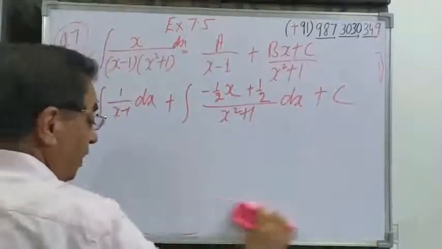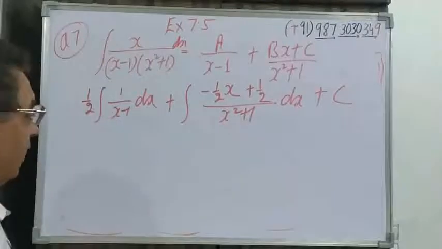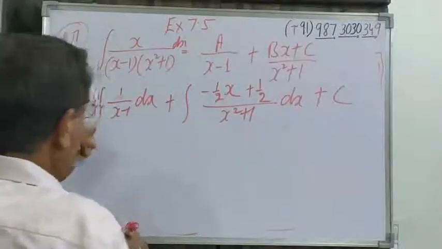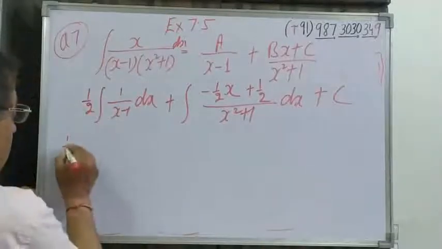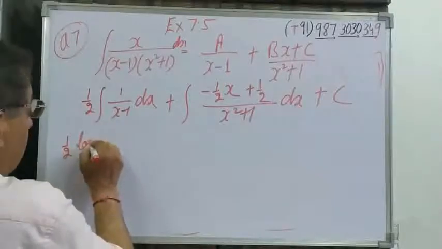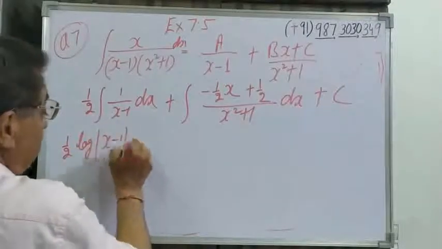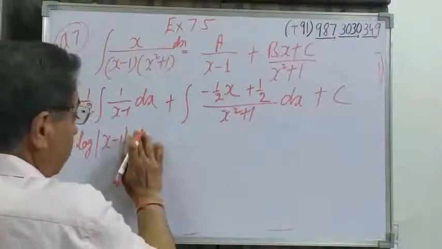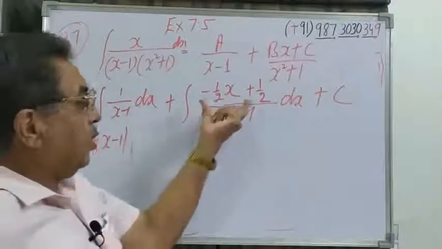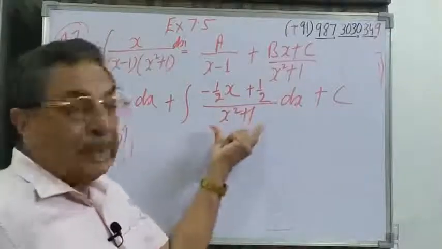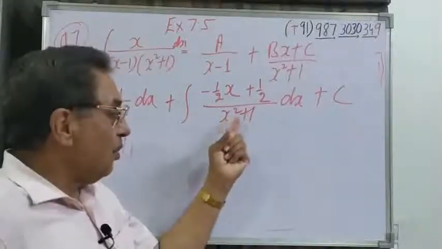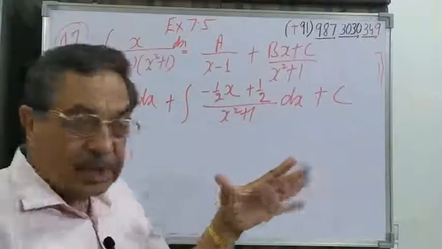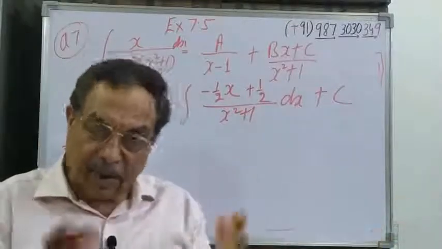After knowing this, just see how we'll integrate. Half of 1 by x minus 1 is half of log of mod x minus 1. So this we have integrated. Now there are two terms having the common denominator x square plus 1. I can separate them, just as we take the LCM of the two terms and then join them.